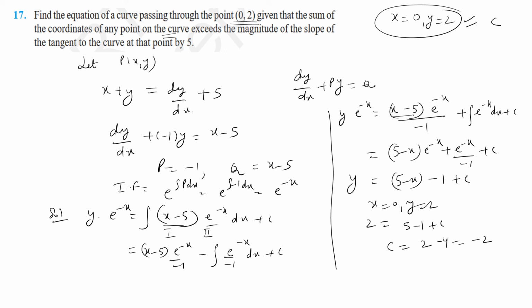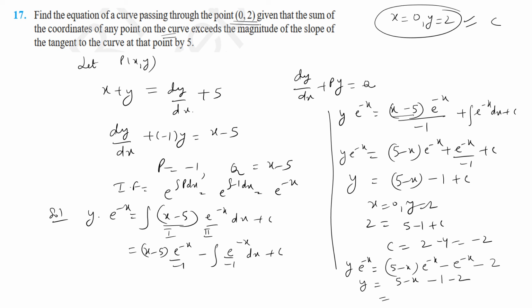Okay, so y into e raised to power minus x is equal to 5 minus x into e raised to power minus x minus e raised to power minus x, and it is minus 2. Okay, so we will simplify it. So y is equal to 5 minus x, and this is minus 1 minus 2.